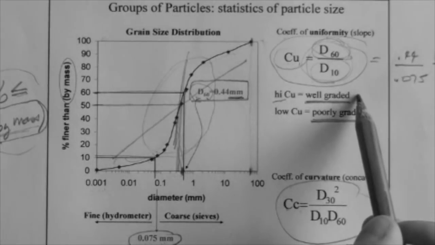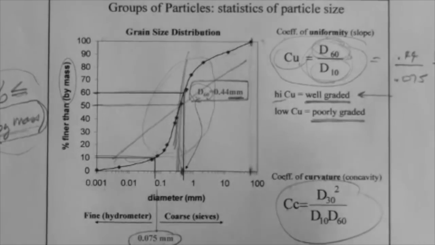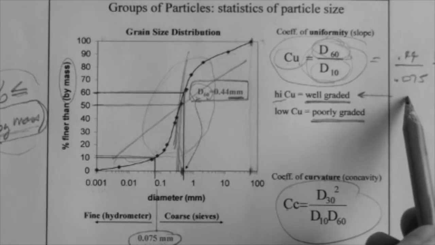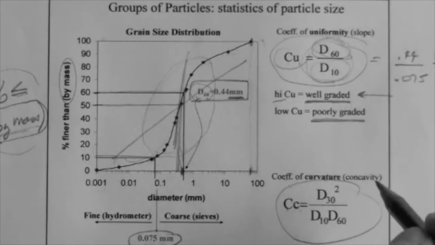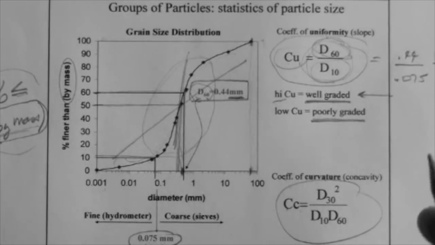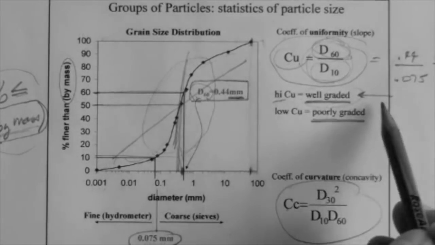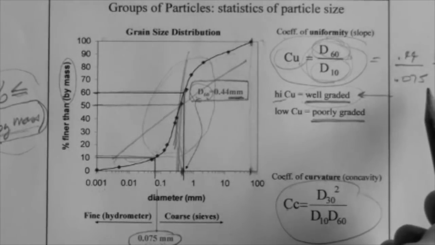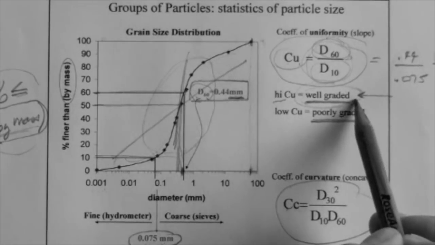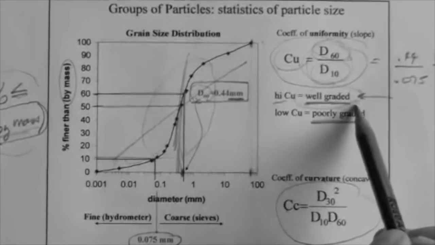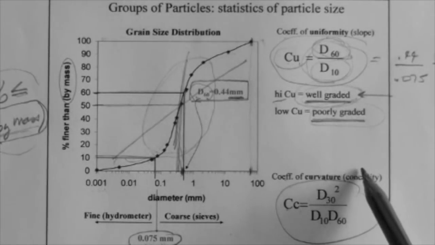Now, as you will learn later on, a well-graded soil is able to achieve a lower E-min because small particles can fill the voids that the bigger particles make, etc. Right? So a well-graded soil can achieve a lower E-min and therefore a higher density. So when you compact a well-graded soil, it is stronger than when you compact a poorly graded soil, which only has a narrow range of sizes.